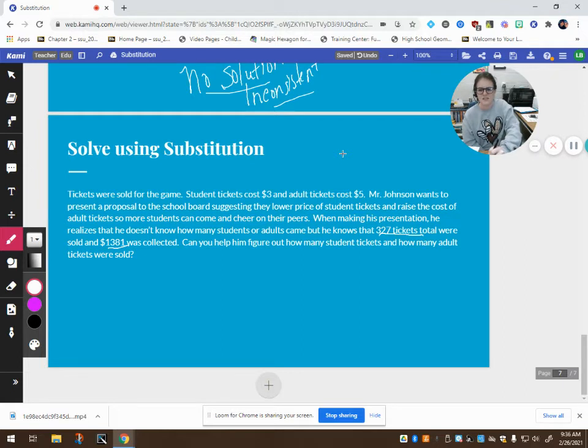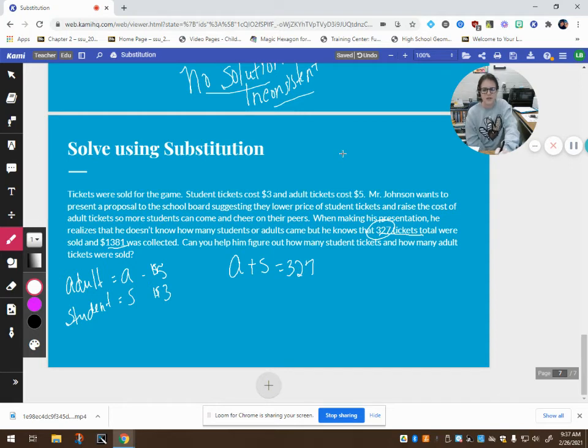So let's think about this. Adults cost $5, so we'll let adult tickets be A, and they cost $5 each. Okay, student tickets, we'll say S, and they are $3 each. So they've sold a certain number of adult tickets, a certain number of student tickets, and we know that they sold a total of 327 tickets.